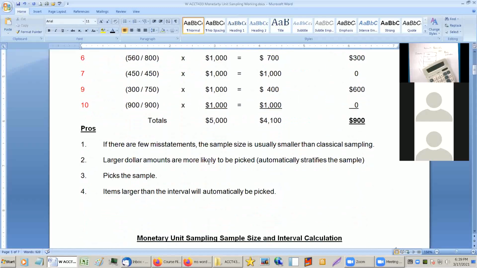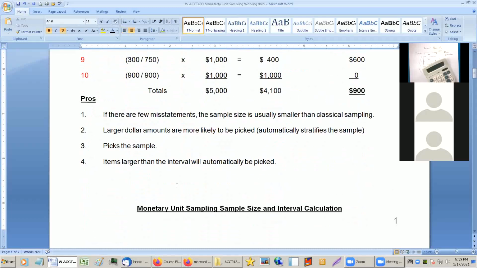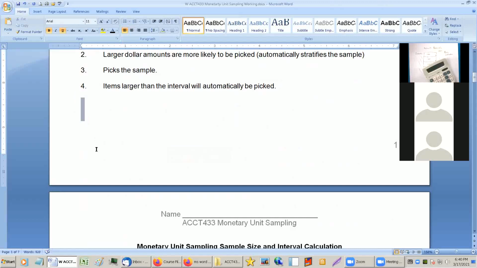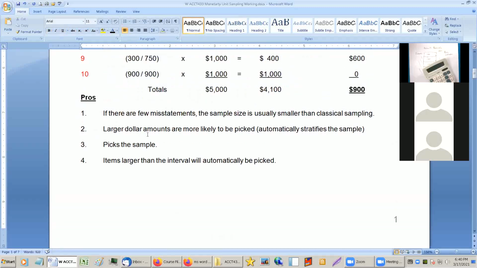Okay. Now you're probably wondering, what are the cons? This is so great, how could there be anything wrong? There actually is. Okay, so this is cons.